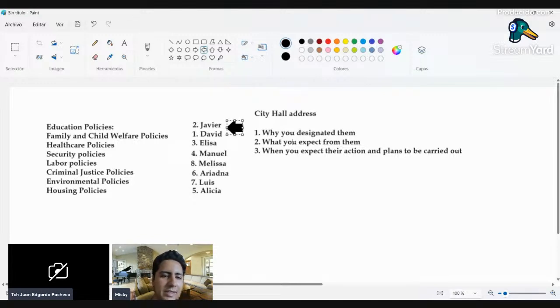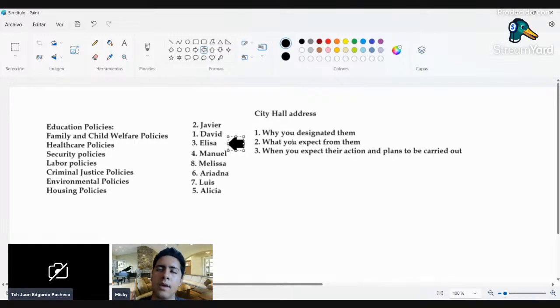The third one is Elisa. Elisa is in charge of healthcare policies. I know that she and her family have always been involved in healthcare. I know that she knows how the system works. I know that she knows what the potential solutions to the system are. I know that there are things that we need to solve, that we need to fix, and that's why Elisa is in charge of healthcare.